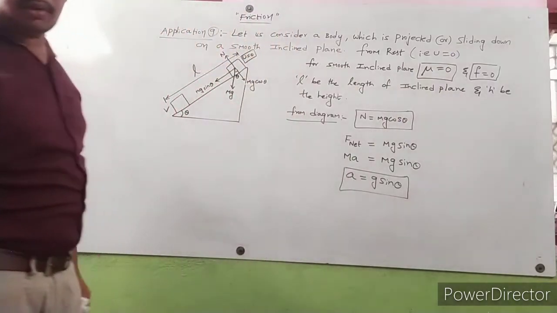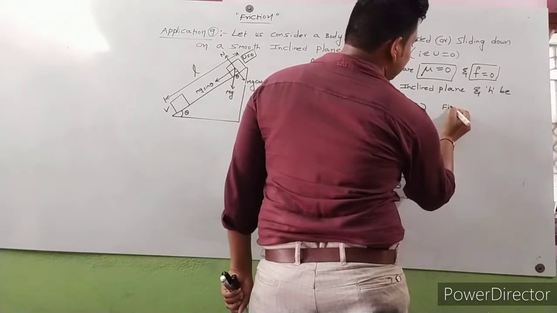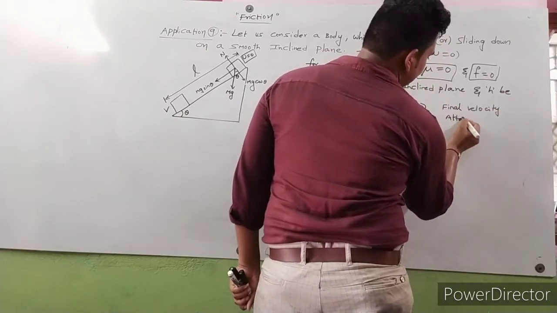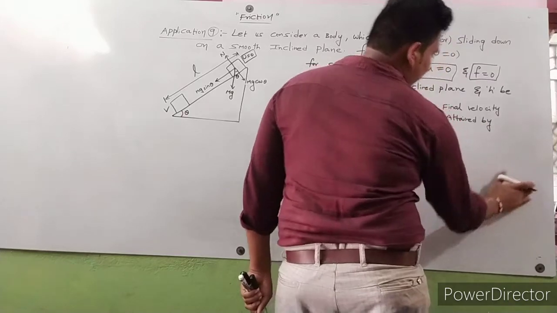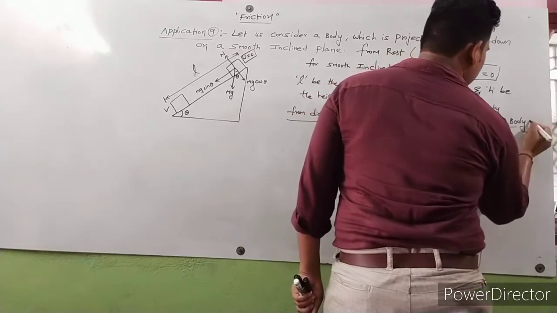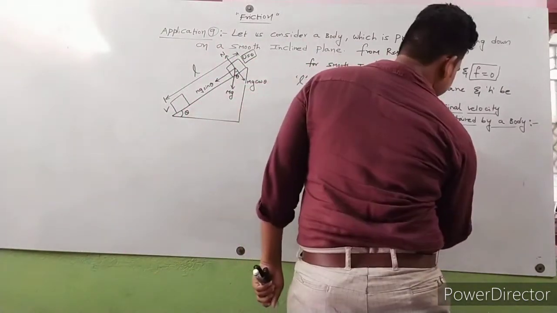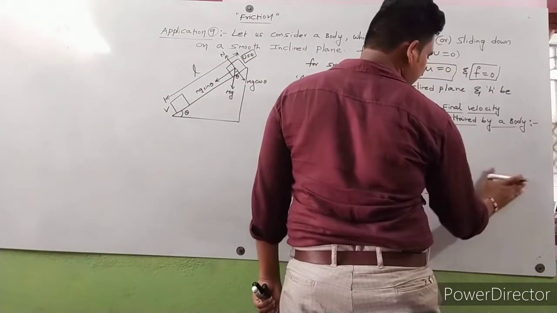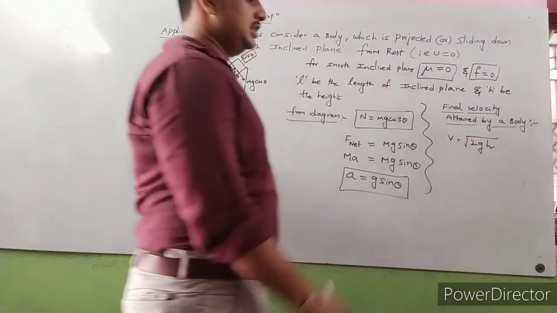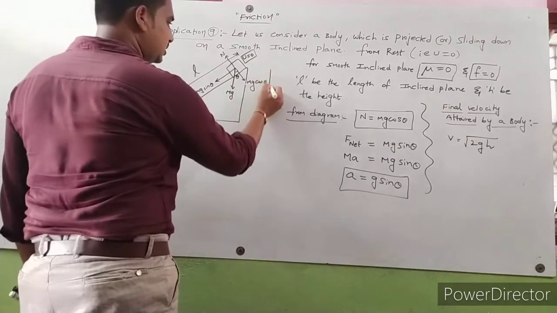For this one, the final velocity attained by the body is V is equal to root 2gh. Already you know. Final velocity V is equal to root 2gh. Here this is h.